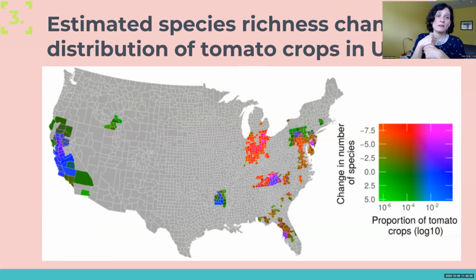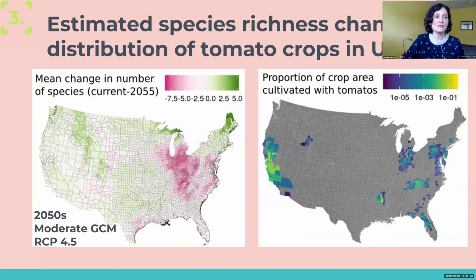But you're right. If we just map counties that have a loss, purple is loss in buzz-pollinators for tomatoes. It's a pretty broad area, right?